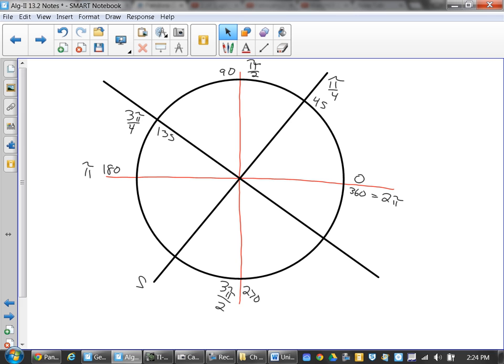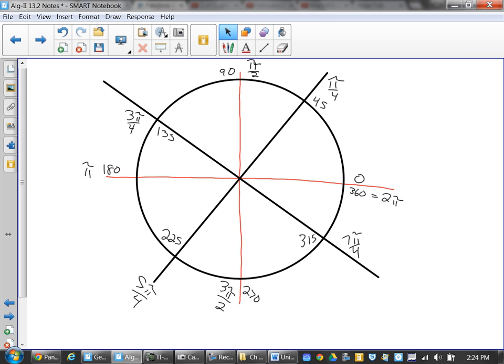This is at 225. 6 pi over 4. 7 pi over 4. 7 pi over 4 in terms of degrees then is what, 315? What's that last angle? So we're at 315 there.